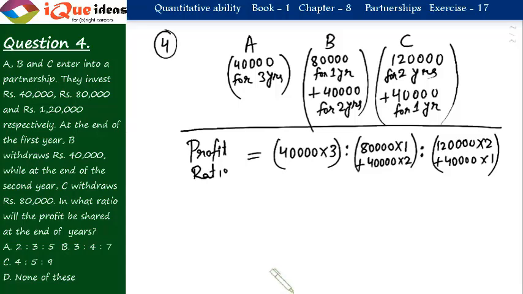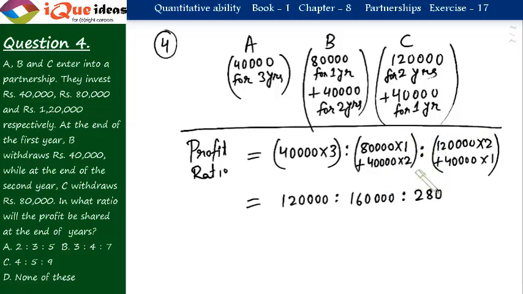Okay, let's calculate this. 40,000 into 3, that is 1,20,000, is to 80,000 into 1 plus 40,000 into 2, that is 80,000 plus 80,000, 1,60,000, is to 1,20,000 into 2, that is 2,40,000 plus 40,000, so that is 2,80,000. So please do the calculations properly.